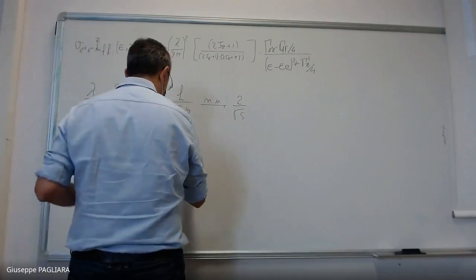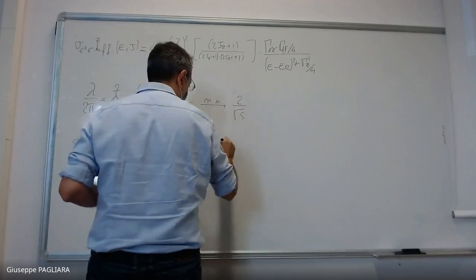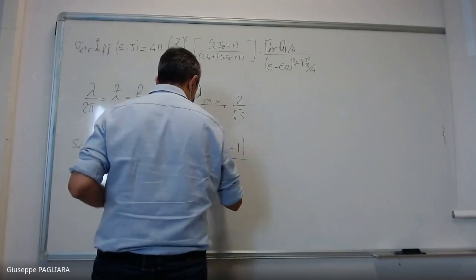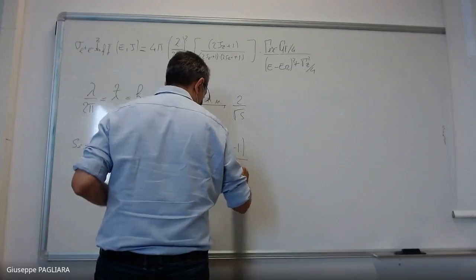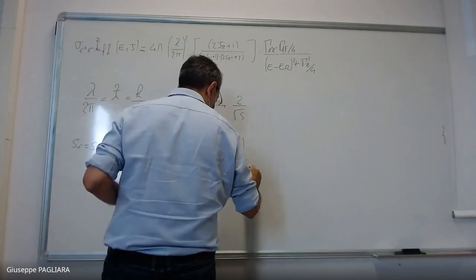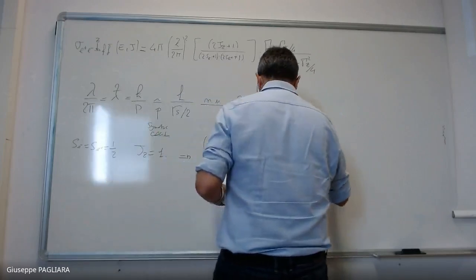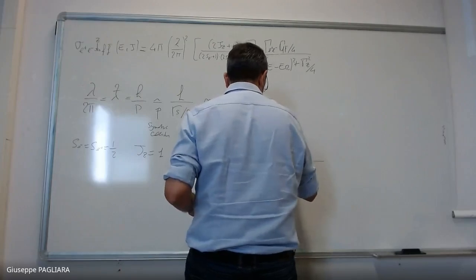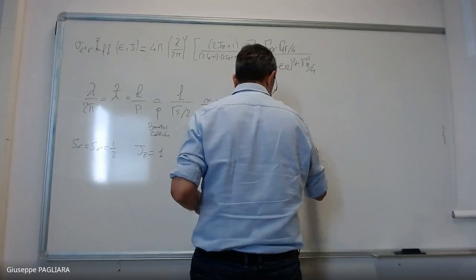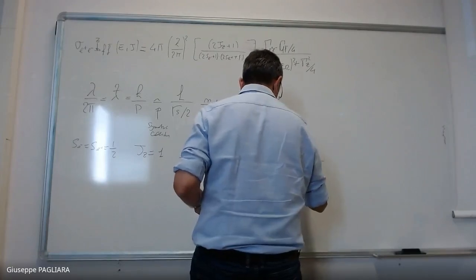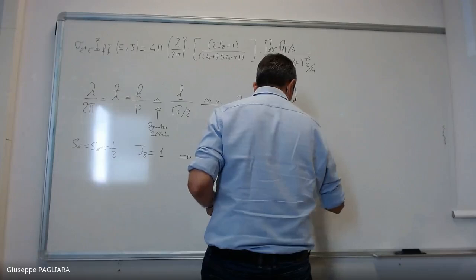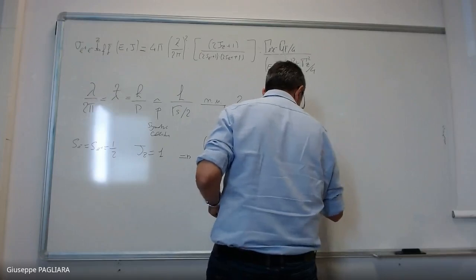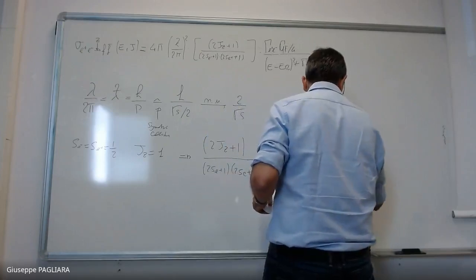So when we put all these together, our 2J plus 1 divided by (2 s_e plus 1)(2 s_e plus 1) becomes 2 times 1 plus 1, divided by 2 times 1/2 plus 1, times 2 times 1/2 plus 1. And so this is just 3/4.